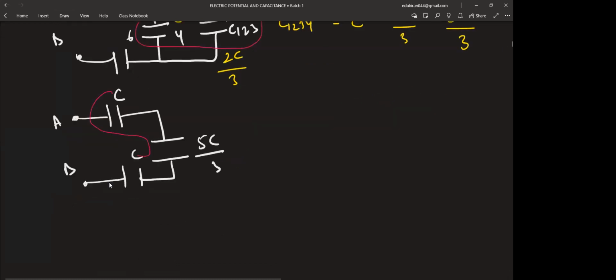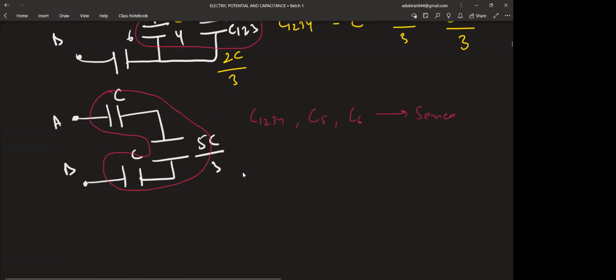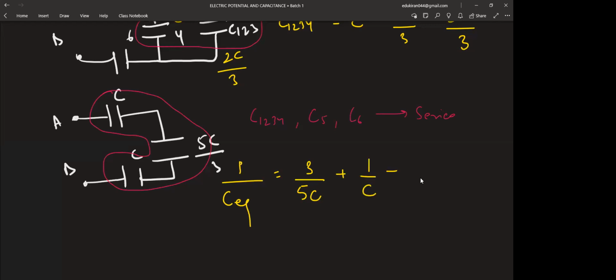Now the last three, C1234, C5 and C6, all these are connected in series. That will give us our final answer. This is how step by step you have to move. So 1 by C equivalent final will be 3 by 5C plus 1 by C plus 1 by C. Why 3 by 5C? Because we write 1 by C1234, the reciprocal.